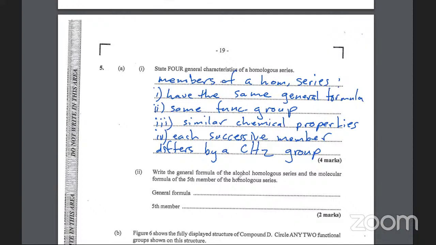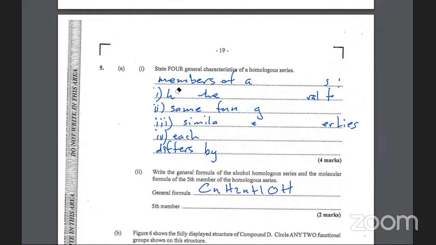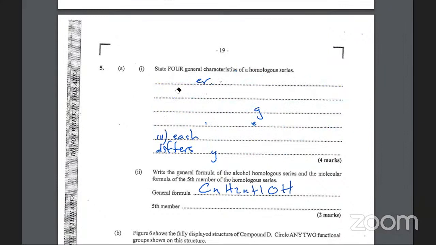Question 2, write the general formula of the alcohol homologous series and the molecular formula of the 5th member of the homologous series. So the general formula for alcohol is CnH2n+1OH. Remember, n is the number of carbons. So the 5th member would have 5 carbons.